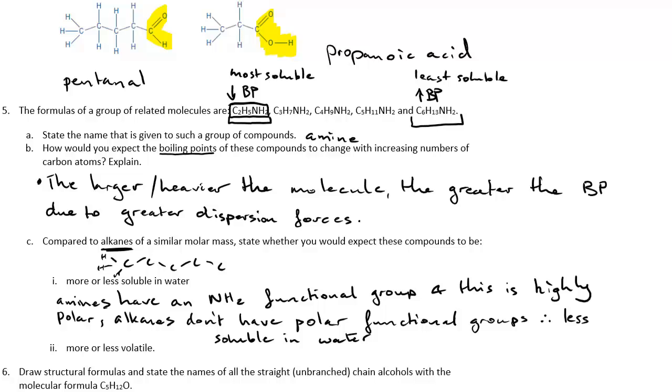This NH2 group here is being shared across 6 carbons. So the non-polar section, which is this part here, is becoming larger. That means that the solubility of this molecule decreases and the solubility of this molecule increases.